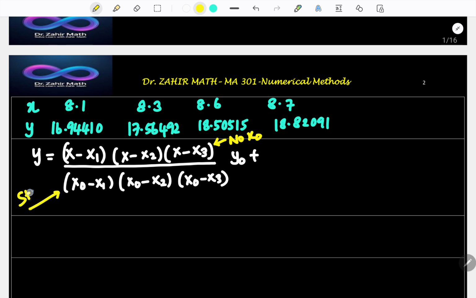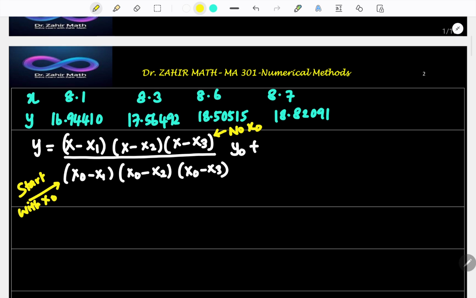Here you start with x0. So see here, x0 minus x1, x0 minus x2, x0 minus x3. Where is x0 minus x0, teacher? x0 minus x0 will not come because it will become 0, and dividing by 0 becomes infinity. In the numerator, look here, x minus x1, x minus x2, x minus x3, and there is no x0.